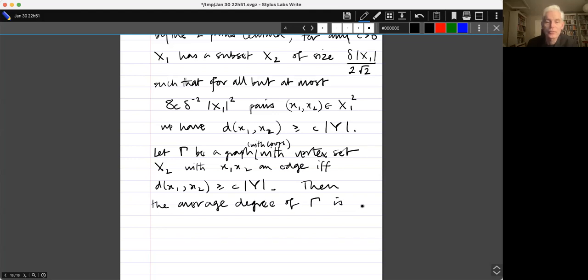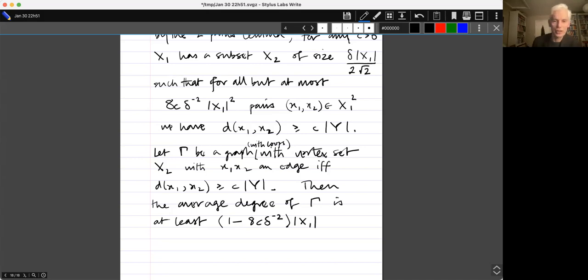Anyway, the average degree of gamma is at least 1 minus 8c delta to the minus 2 times the size of x1, because the total number of edges is going to be the average degree times the size of x1.